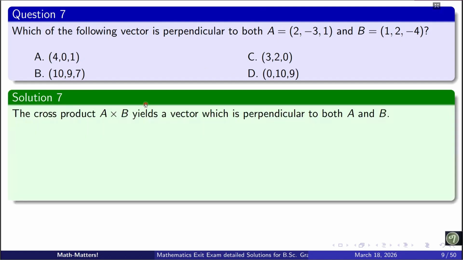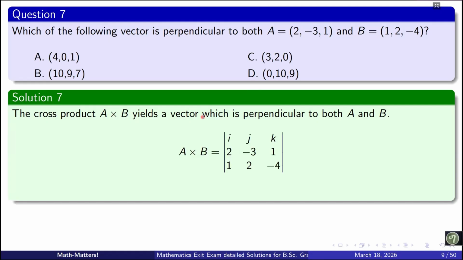We know that the vector which is perpendicular to both a and b is the cross product of the two vectors, or the negative of the cross product of a and b. Therefore, the cross product a × b yields a vector which is perpendicular to both a and b.